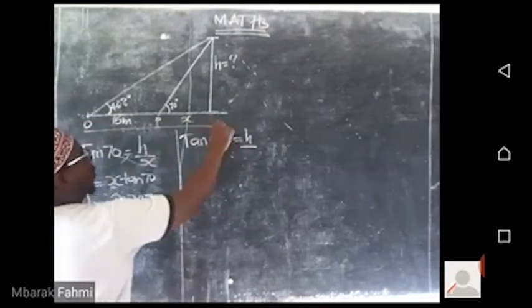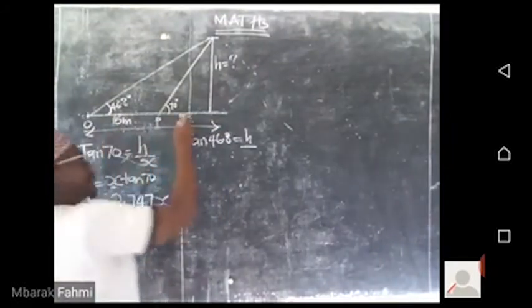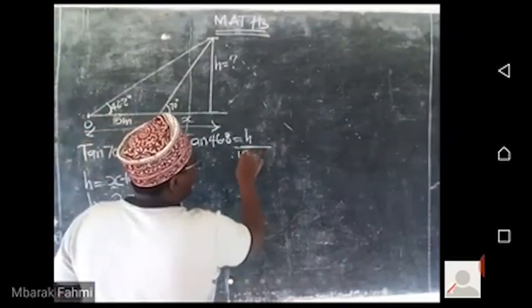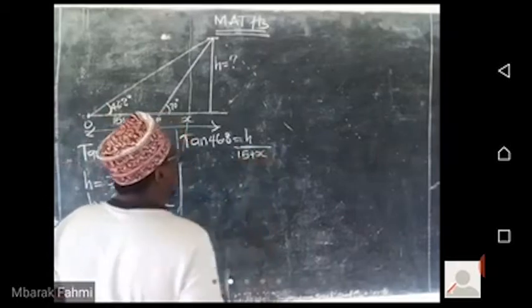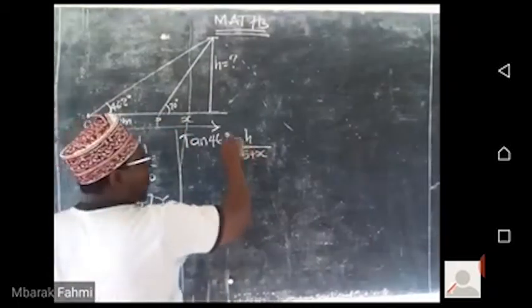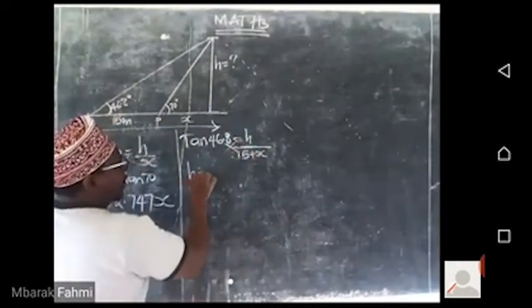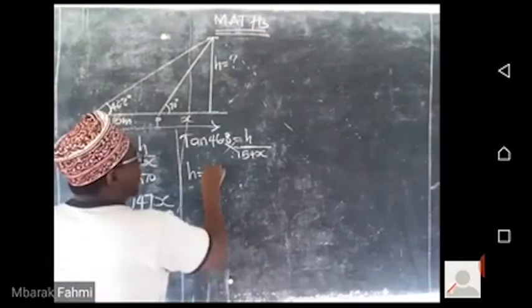Adjacent now we take all of it, because it's going to be 15 plus X. So to remain with height, we must multiply. Height will be equal to tan 46.8 multiplied by 15 plus X.